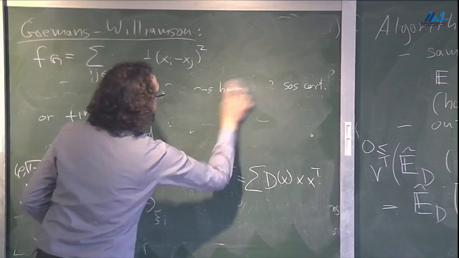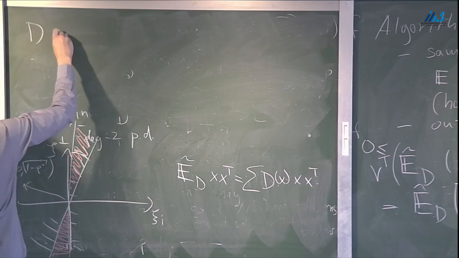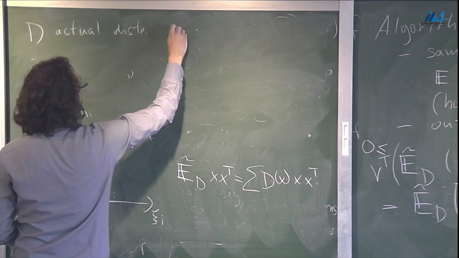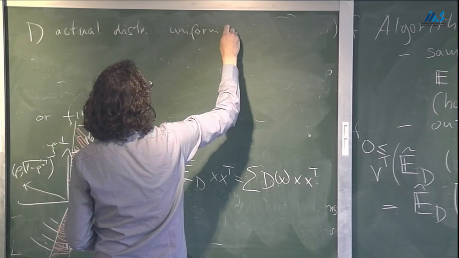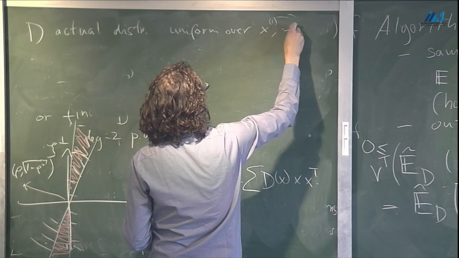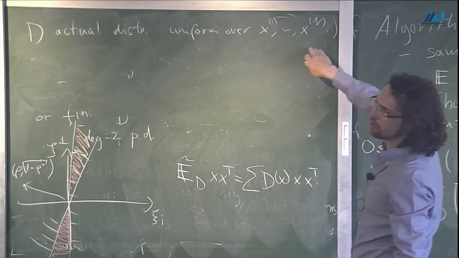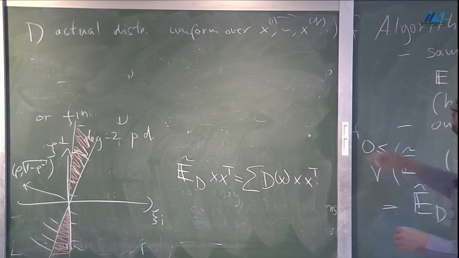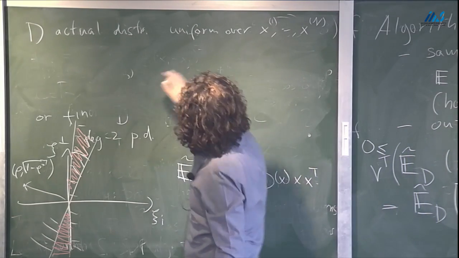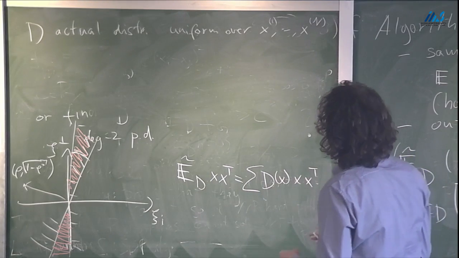Suppose D is an actual distribution, and it's uniform over points x1 up to x capital N. The situation you should think about is that we have an exponential number of these points, and given the low degree moments of this distribution, we try to figure out whether we can extract a good max cut from this information.